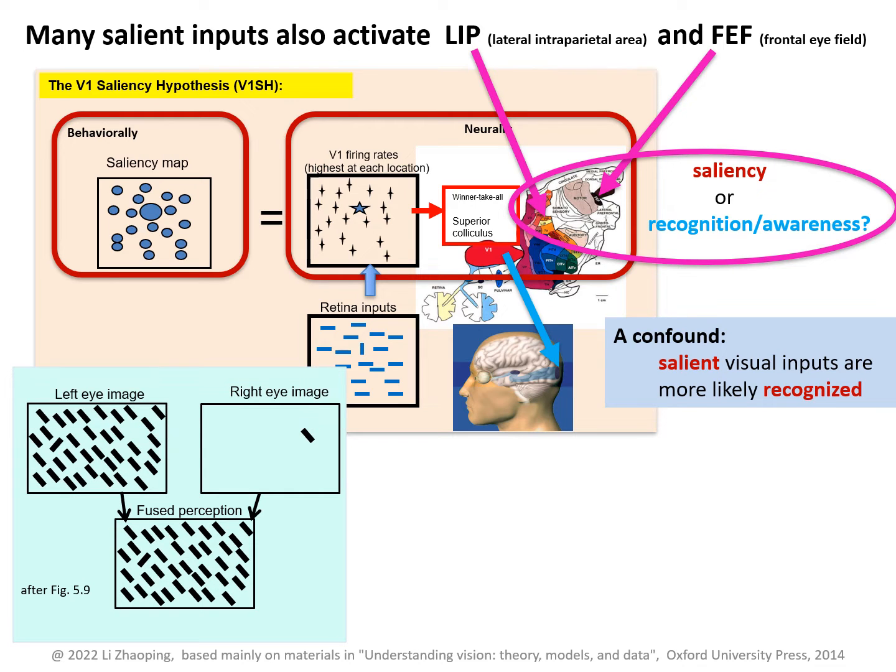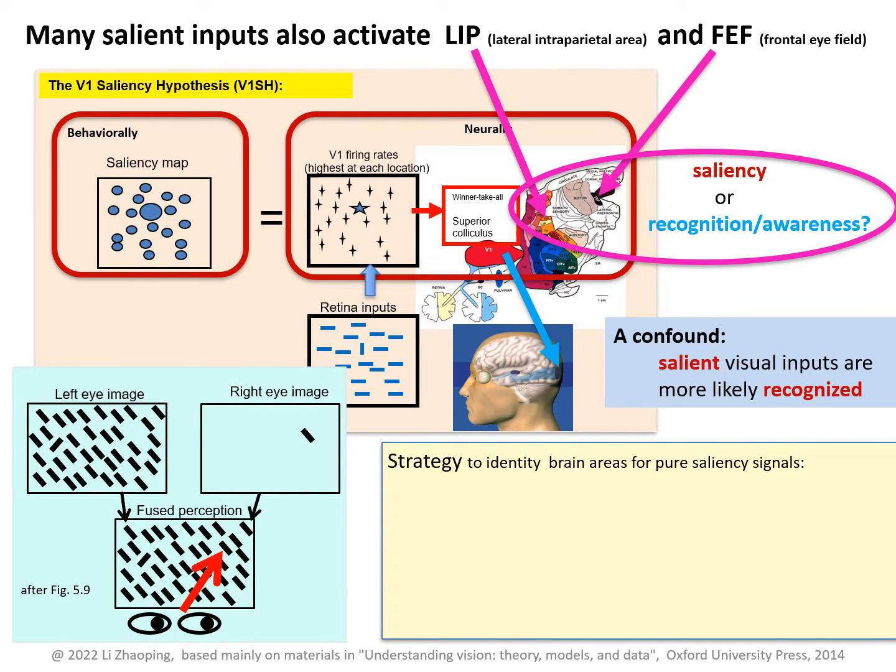Meanwhile, we have seen that some inputs can be quite salient without evoking perceptual awareness that they are distinct from background items. So let's use this strategy to identify which brain areas are associated with pure saliency signals.